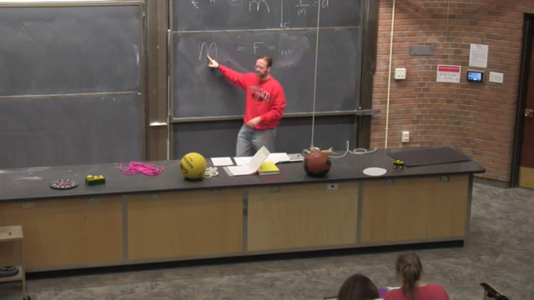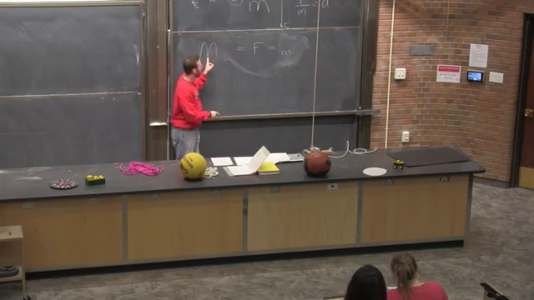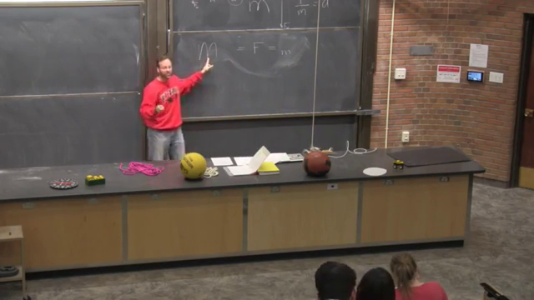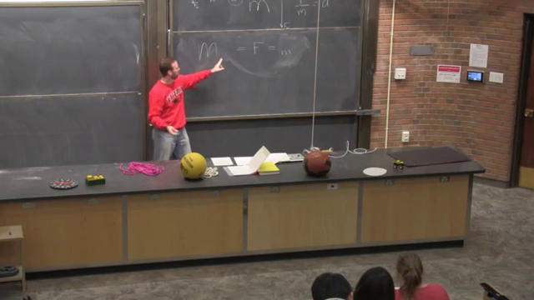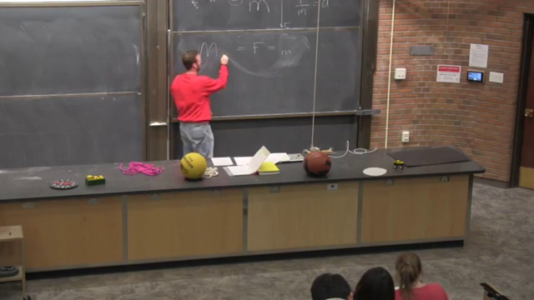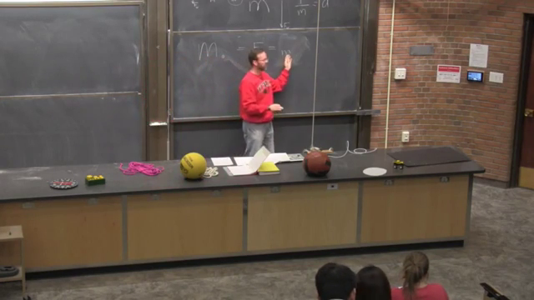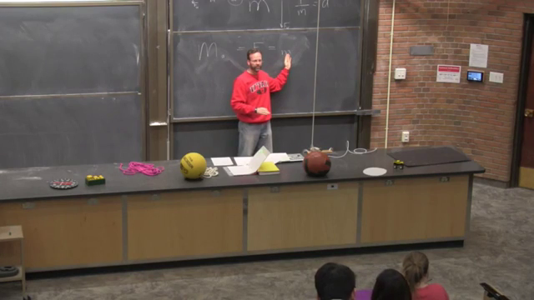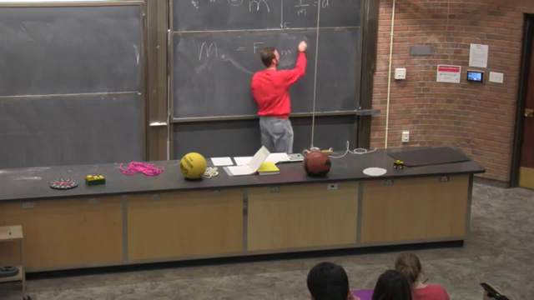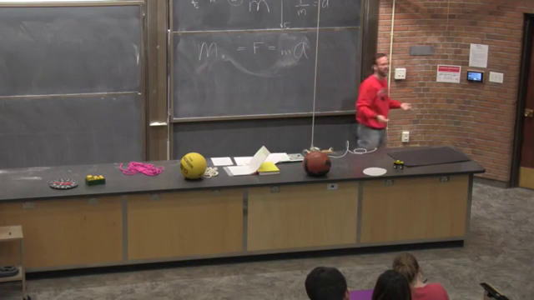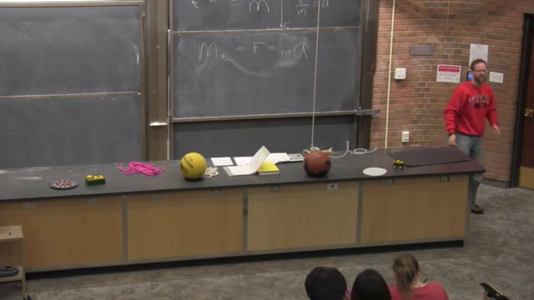So him: if we want to see how his motion changed, his acceleration, we get a little a. Now let's look at the motion of this person. The force on him is the same, but he's got less inertia, so he's going to accelerate more and change his velocity more. Make sense?